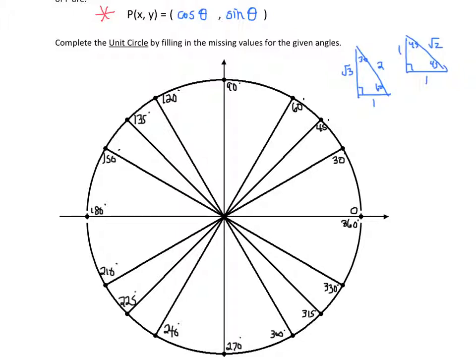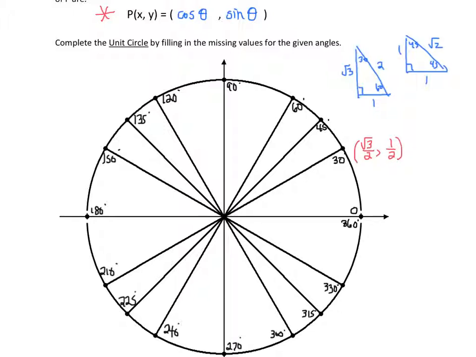So starting with 30 degrees and using our special triangle, we know that the cosine of 30 degrees is root 3 over 2, which means the x-coordinate at this point is root 3 over 2. And the y-coordinate will be sine 30, which is 1 over 2.